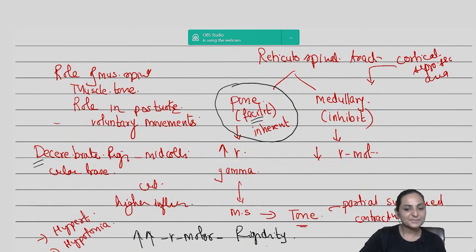So in decerebrate rigidity, the cause of rigidity is increased activity of the gamma motor neurons because of the facilitatory effect of the pontine reticulospinal tract, right? So with this we come to the end of this topic.